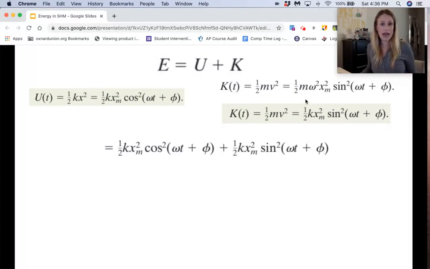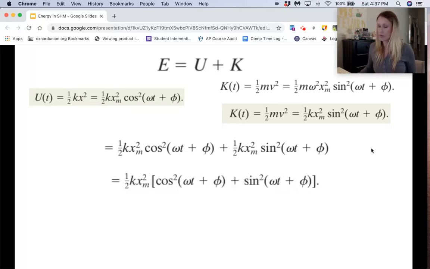Now, if we add those two things together, we can see that we're getting an equation for the total energy. So total energy of the system is equal to potential energy at any time t plus kinetic energy at that same time t. And then here what we're going to do is factor out that 1/2 k x maximum squared.